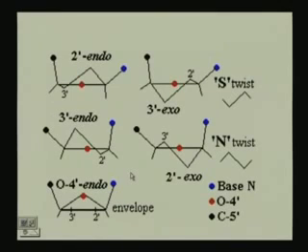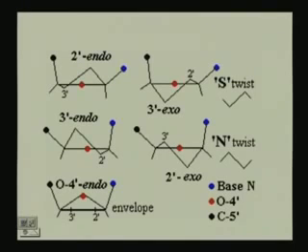This is what we mean. Just look at one of these figures first. This red sphere is the oxygen of the sugar ring. We have a 5-membered sugar ring.